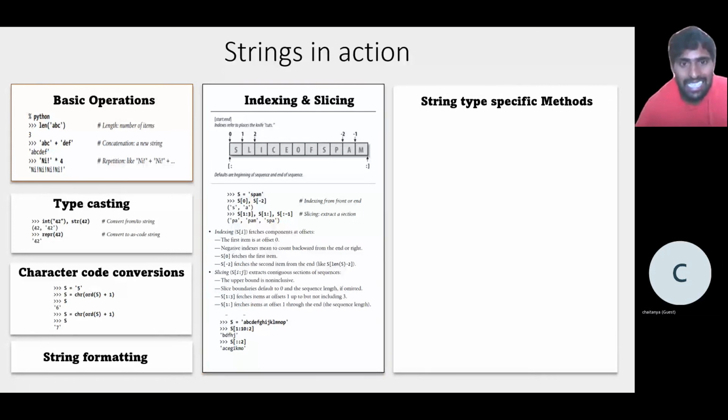So this is indexing and slicing. For indexing, we use the expression S, square brackets, and you put the index number. If you want to fetch the first item, you use 0. If you want to fetch the last item, you use -1 from the right side, reverse indexing.